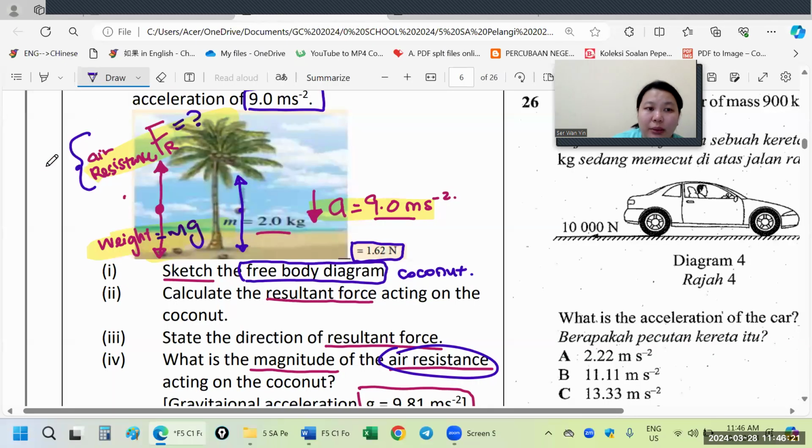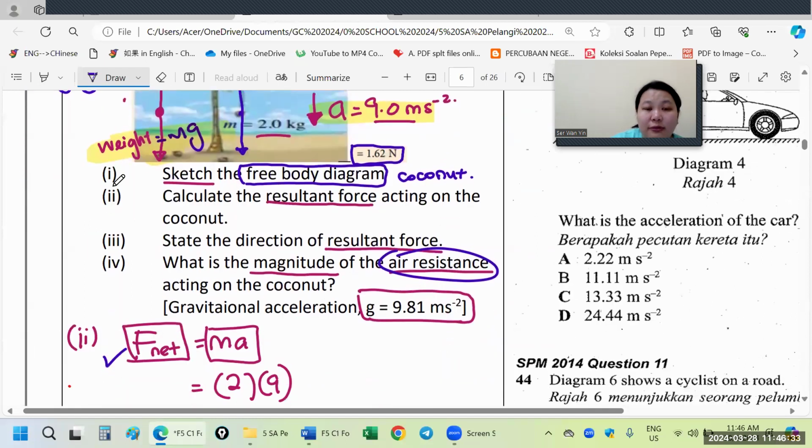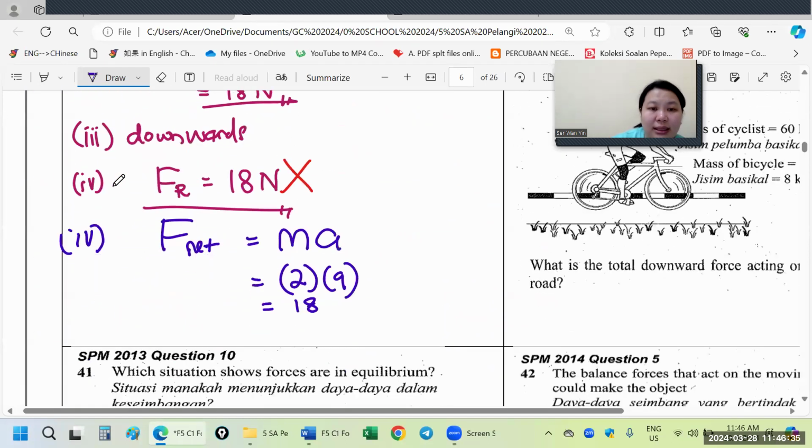Of course, this one we also can say is a drag, but I prefer you all identify what the drag is. Is it air resistance or friction or anything else? Actually, here the downward force is weight minus the air resistance. Do we know weight?